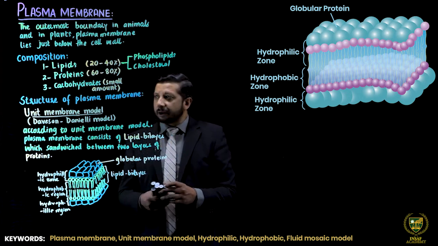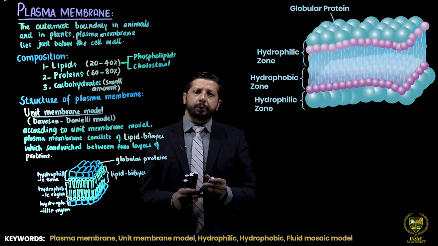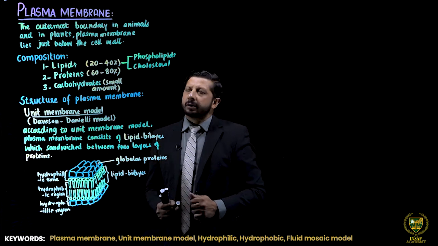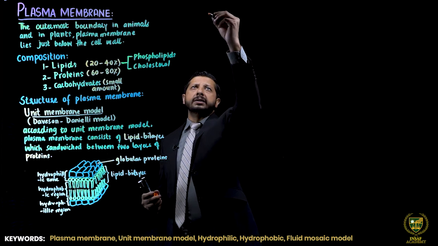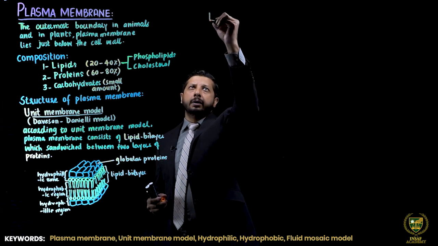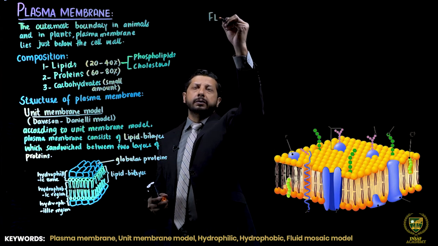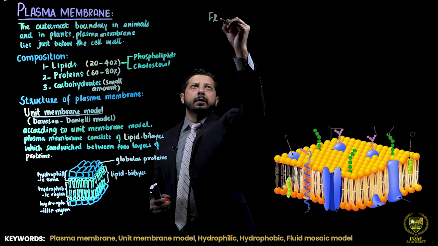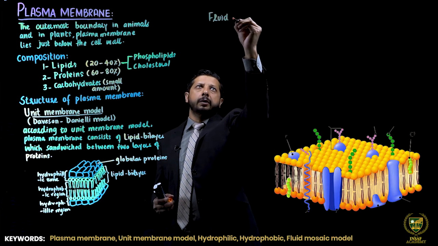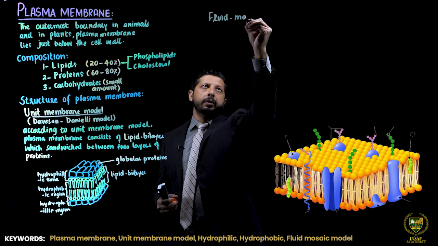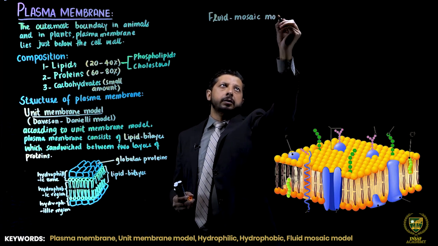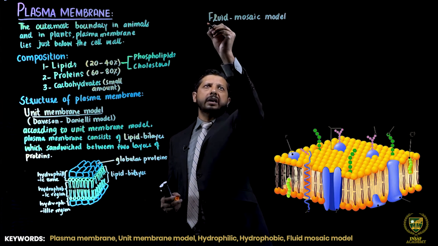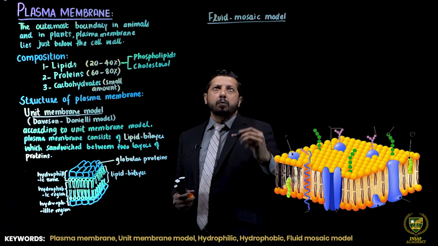Clear? Now the next model, which is very, very important regarding the structure of the plasma membrane, which is the most acceptable model, that is the fluid mosaic model, and that is more accepted.